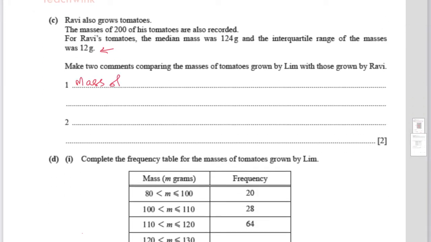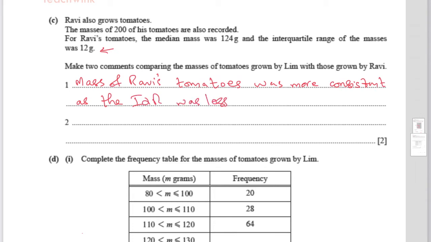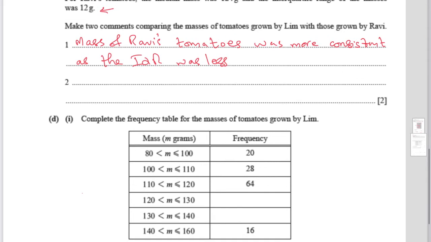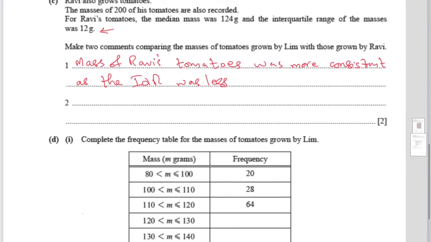Mass of Ravi's tomatoes was more consistent as the IQR was less. The other point that I can make is that Lim's tomatoes on average had lower mass as the median was lower.